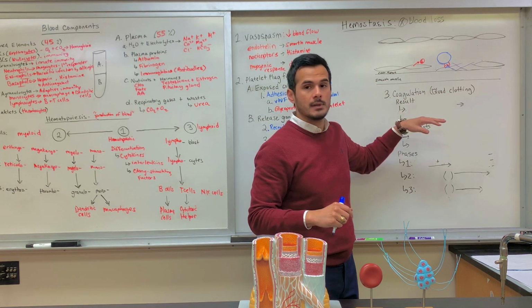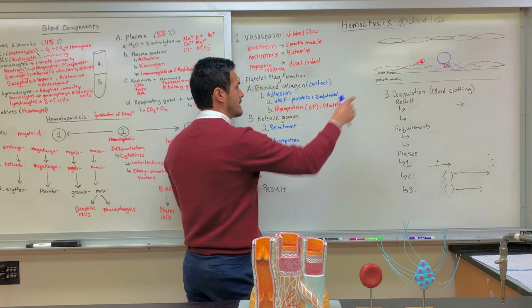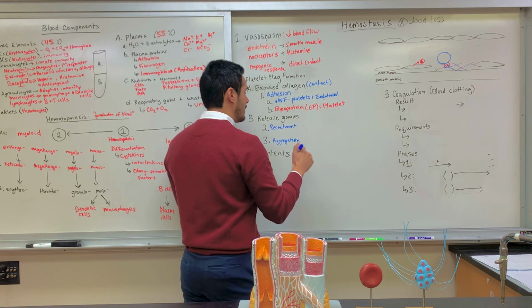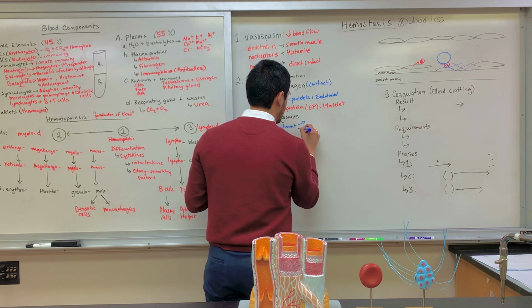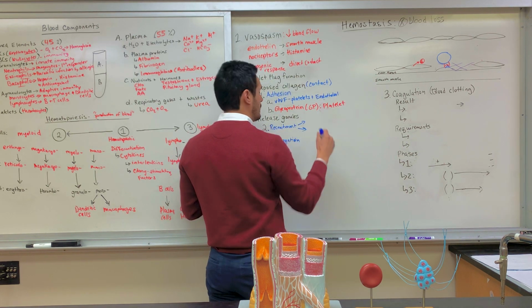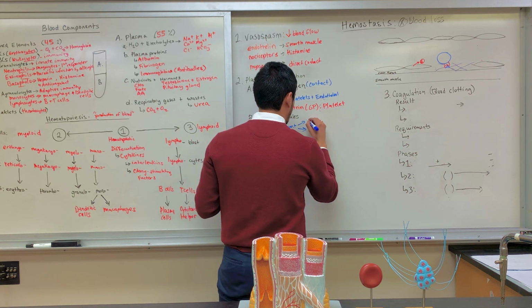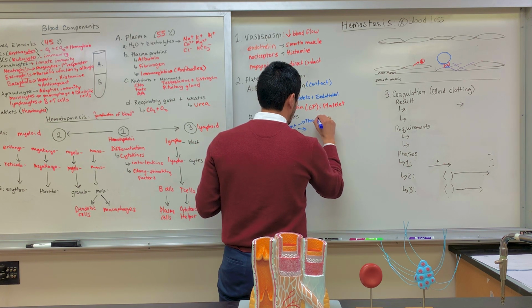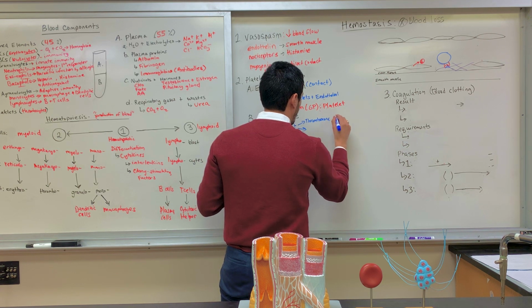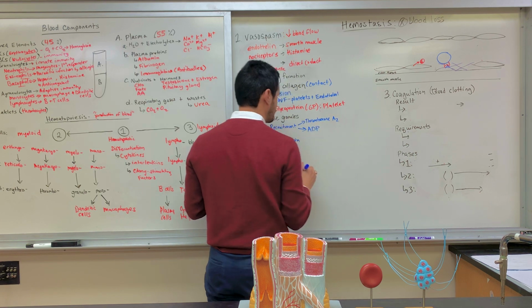We need a bunch of them. For the recruitment of other platelets to this particular site, chemical messengers are released by this platelet. One of them is thromboxane A2, as well as ADP.